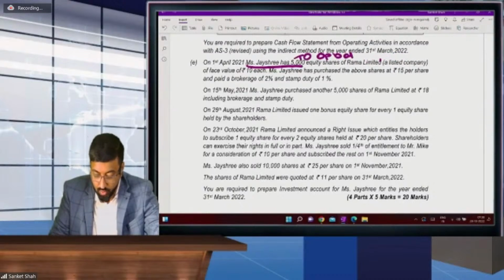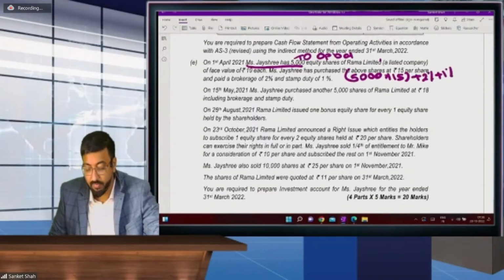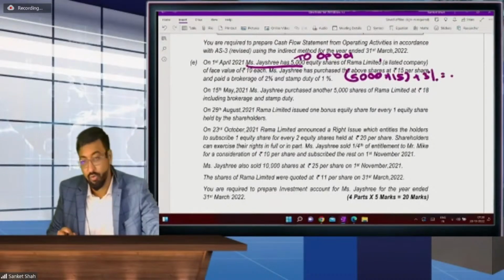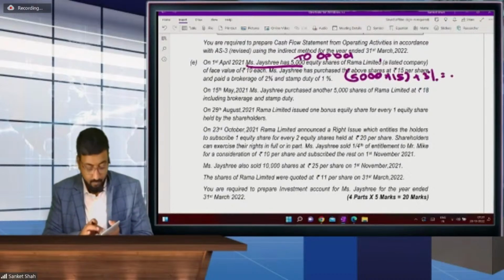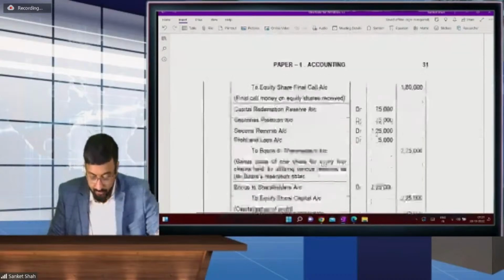So 5,000 into 15 plus brokerage plus stamp duty. So 3% extra. So 5,000. Can you tell me the amount? At what price? 77,250.